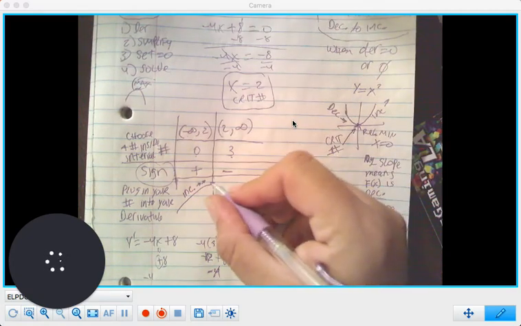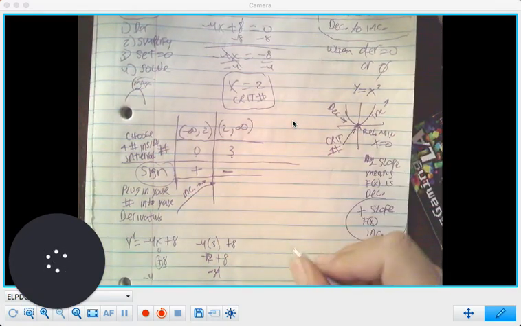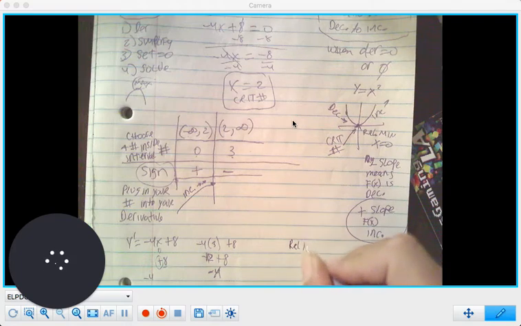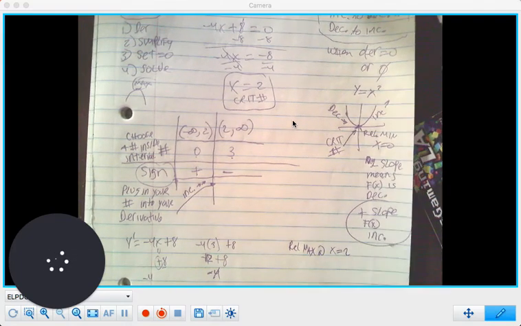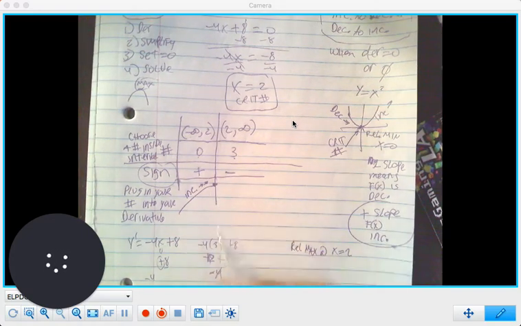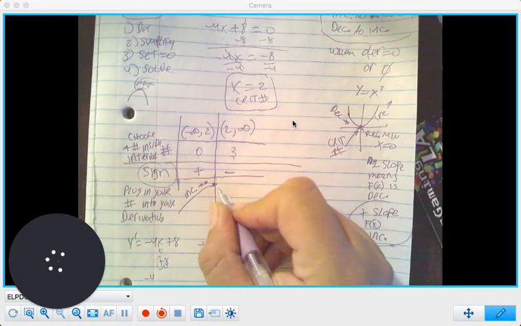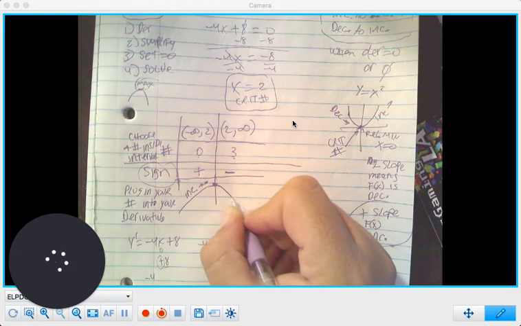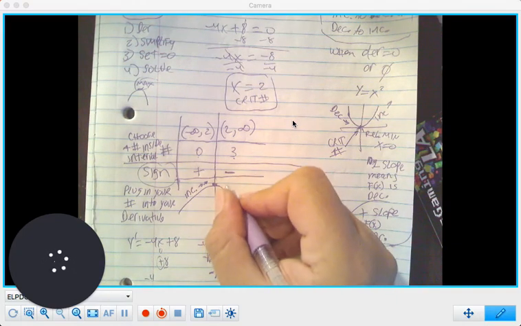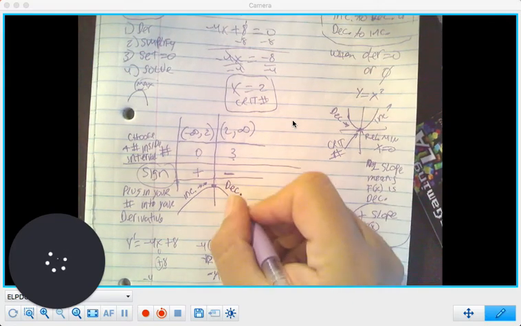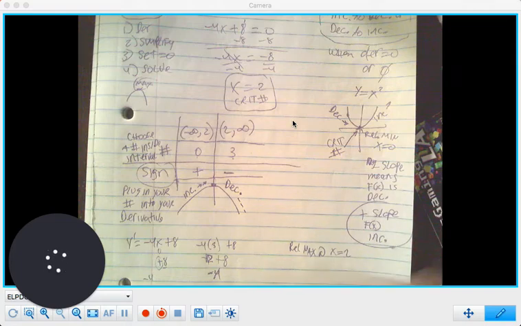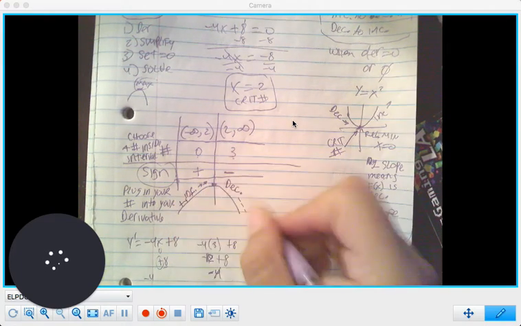So we know we have a relative max at x equals 2. How do we know? We just found it right here. Look what happens here. The negative means you have a negative slope. That means that it's going down. What does that mean? The function is decreasing. Positive slope, negative slope.